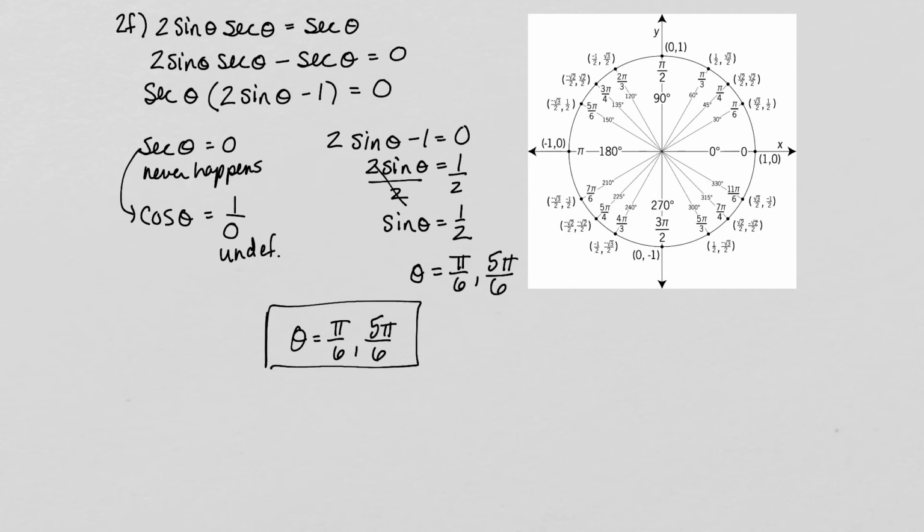You don't have to write never happens or undefined. As long as you show me that you knew you had to put the secant of theta equal to 0, so I knew you tried to do it, then that's fine. There's not something specific you have to write.